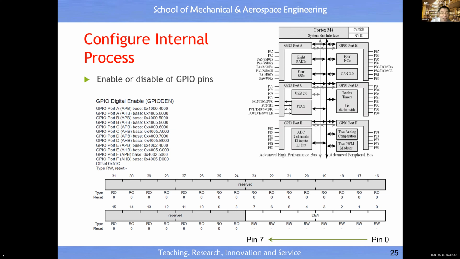Now you see how many ports you have, 6. Here you have 2 addresses. This is just for you to know the power of this microcontroller. Actually you have 2 address buses inside the ARM microcontroller.